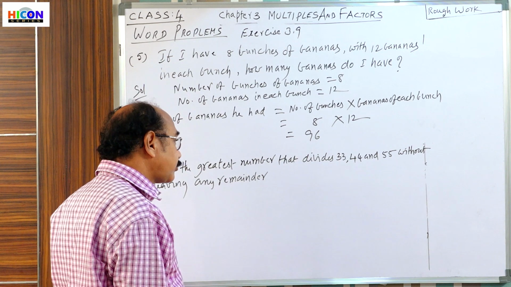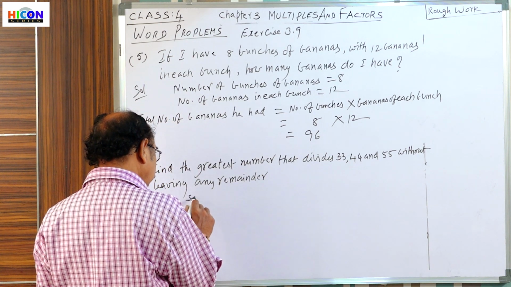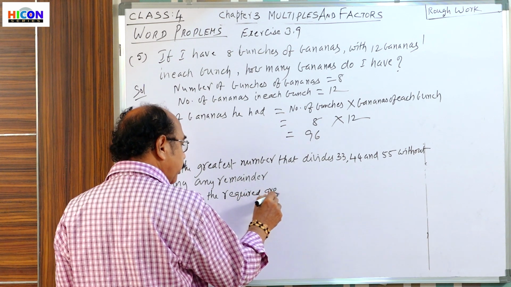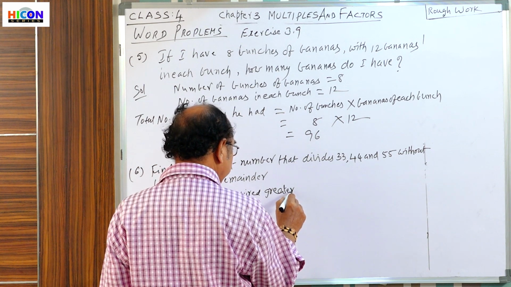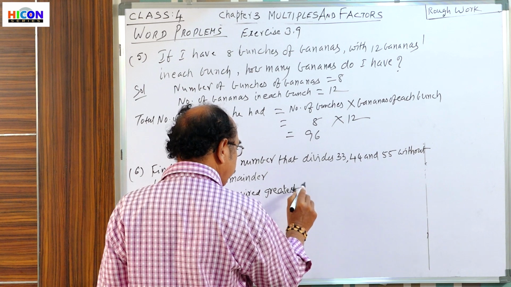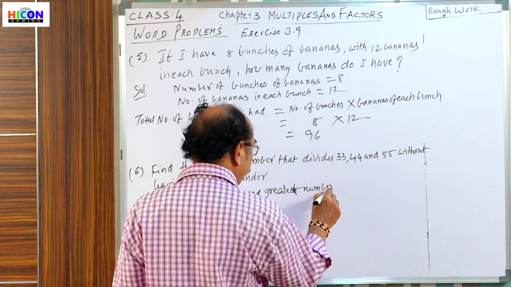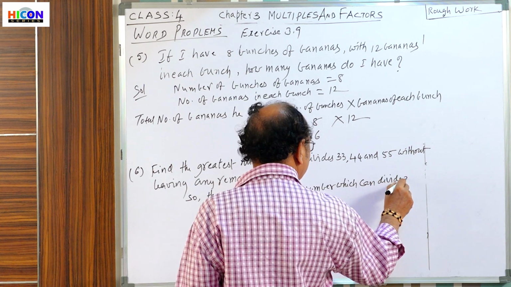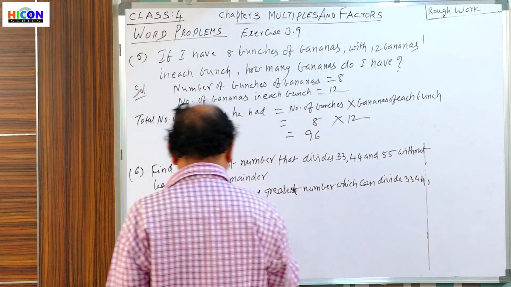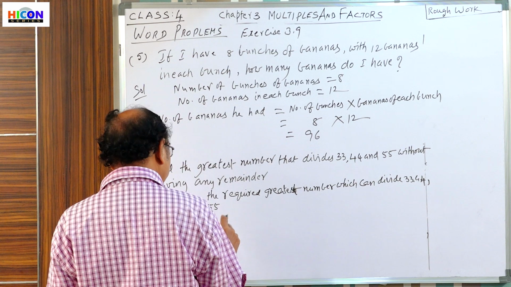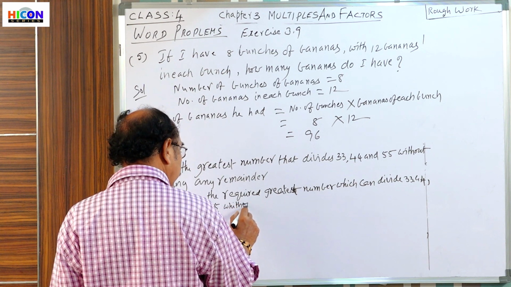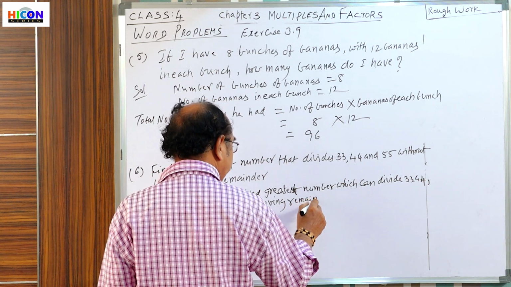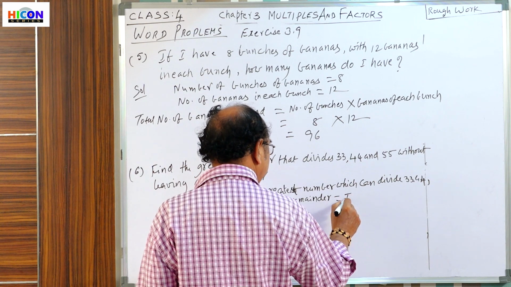Okay. So the required greatest number which can divide 33, 44 and 55 without leaving remainder is equal to their HCF.